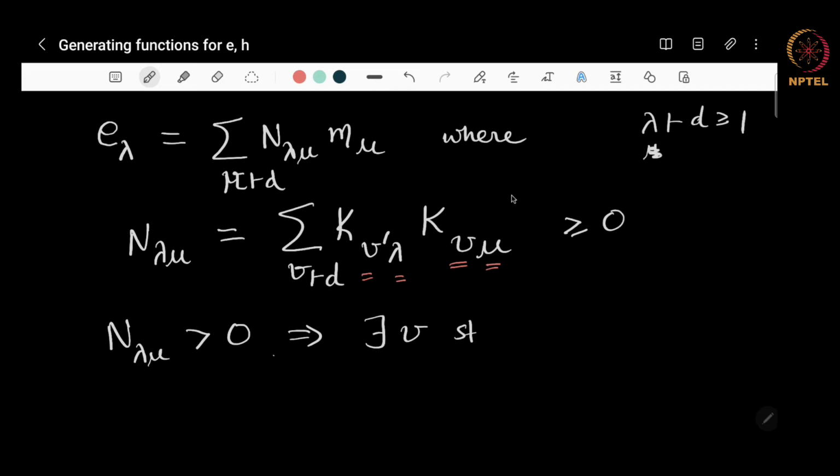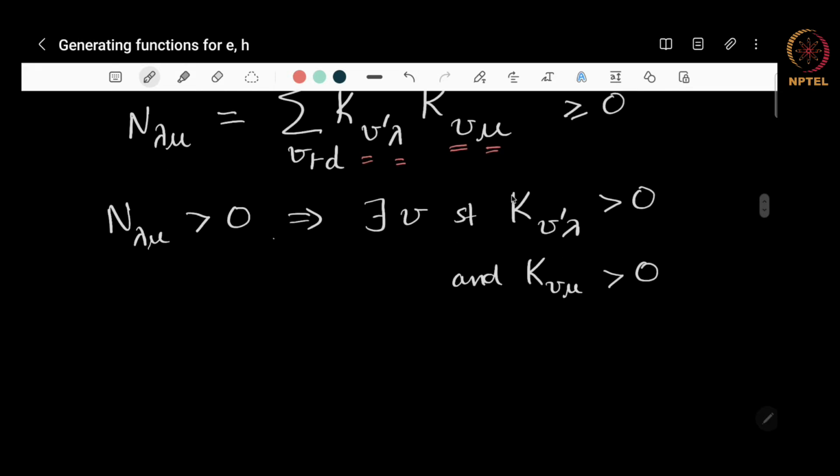Now saying that n lambda mu is positive means there exists at least one term nu in this sum which contributes a non-zero answer. So there exists nu such that K nu prime lambda is positive and K nu mu is positive. And recall that we had already a necessary condition for when the Kostka number can be positive.